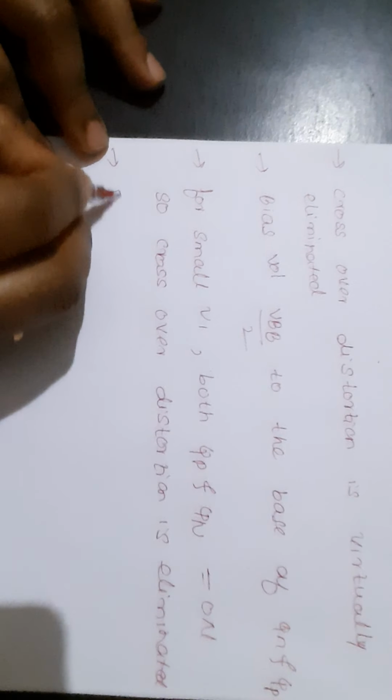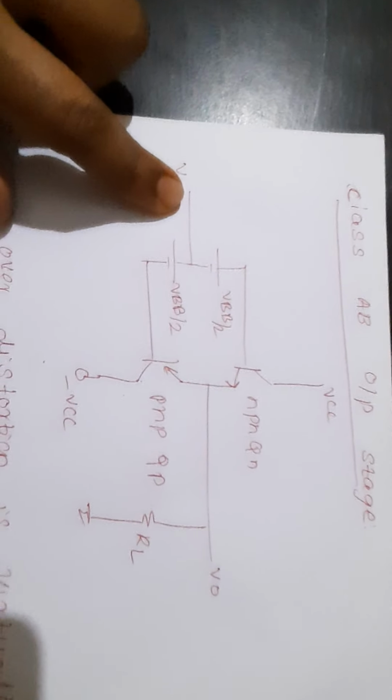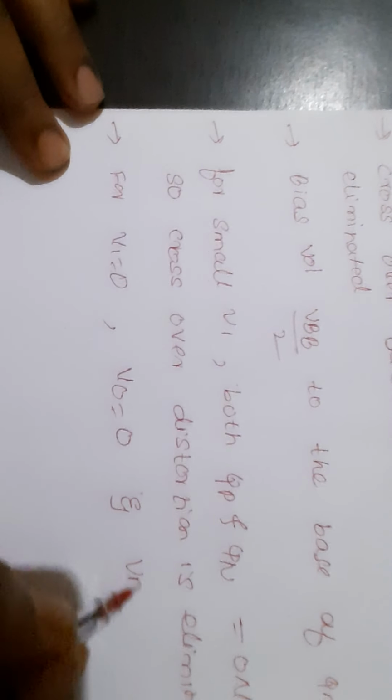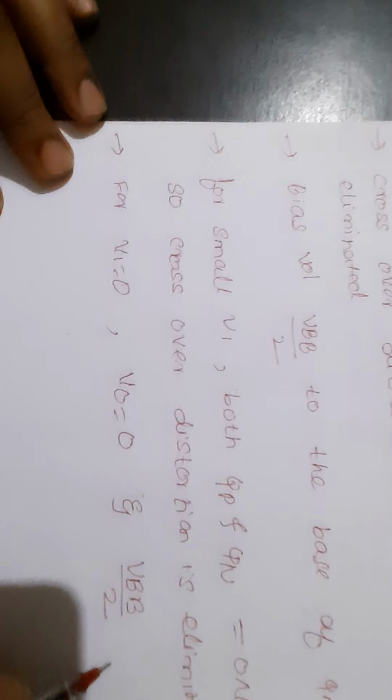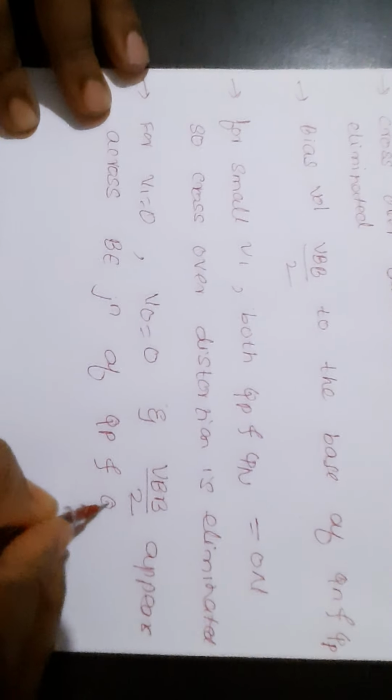Now for V1 equal to 0, we'll get V0 as 0, and voltage VBB by 2 appears across the base emitter junction of QP and QN.